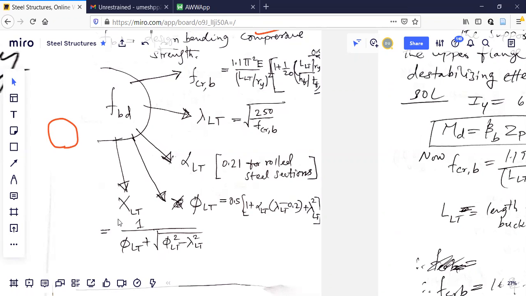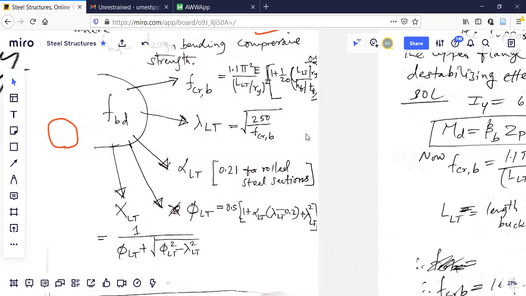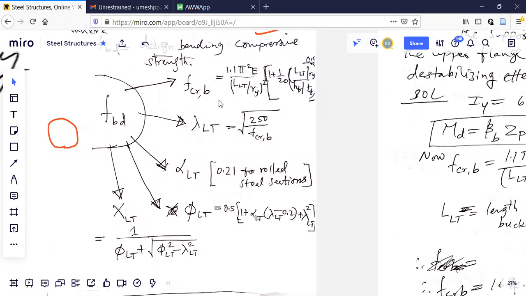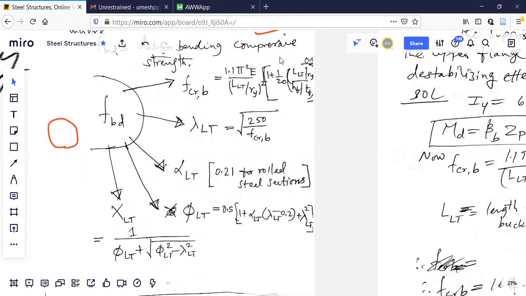X LT you can say equal to 1 divided by all this. Again you see this phi LT is there, lambda LT is there. So lambda LT is again 0.21. It means when you calculate all these parameters, you'll be spending more time in FCRB calculation. It's going to take time here because you have to substitute all this elasticity value and all this.